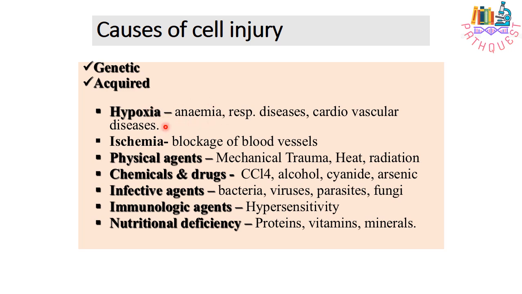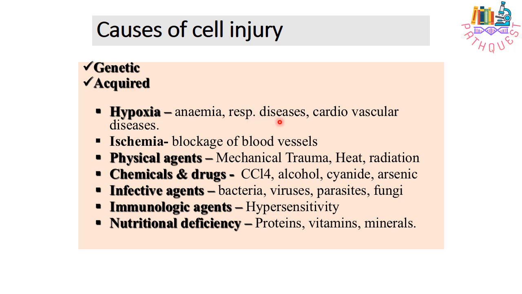Anemia is a condition where there is decreased oxygen carrying capacity of the blood. This can be because of decreased hemoglobin concentration of the blood. Hemoglobin is a molecule which is mainly responsible for carrying oxygen to various tissues and organs.